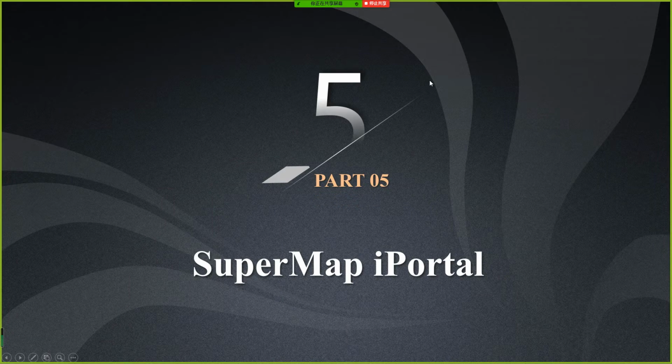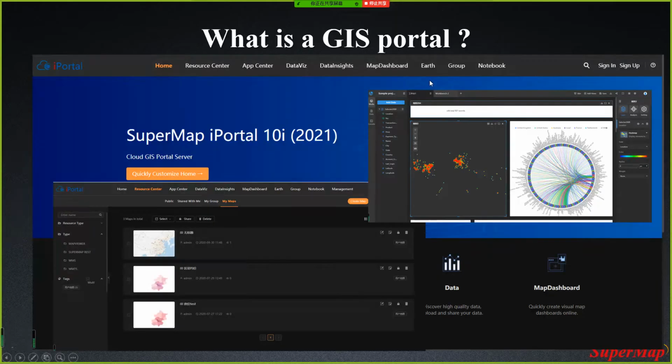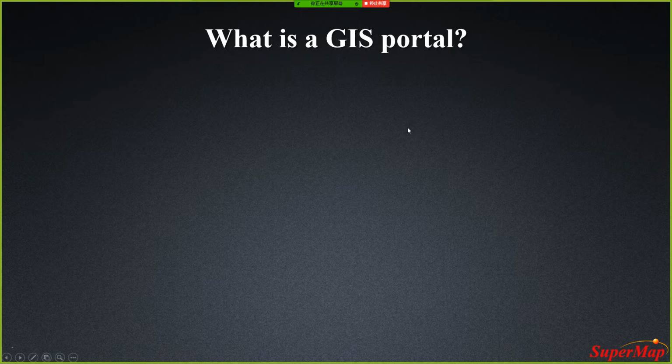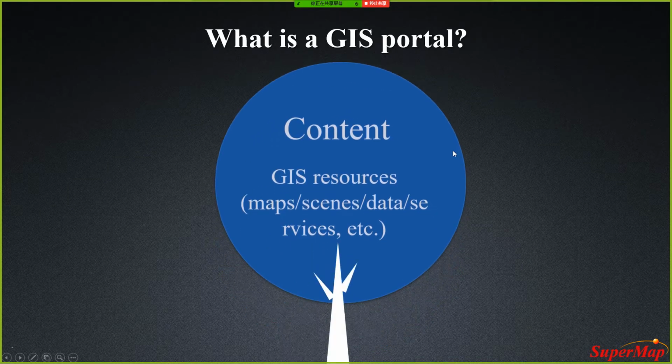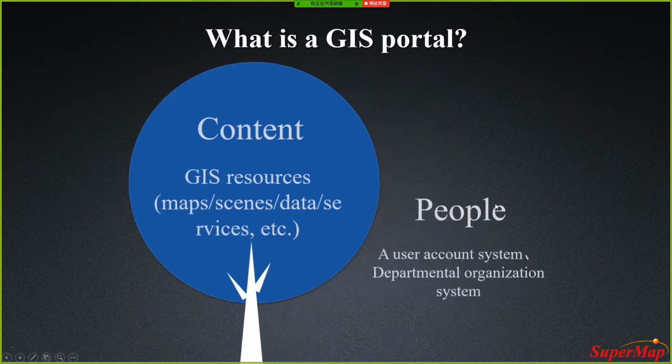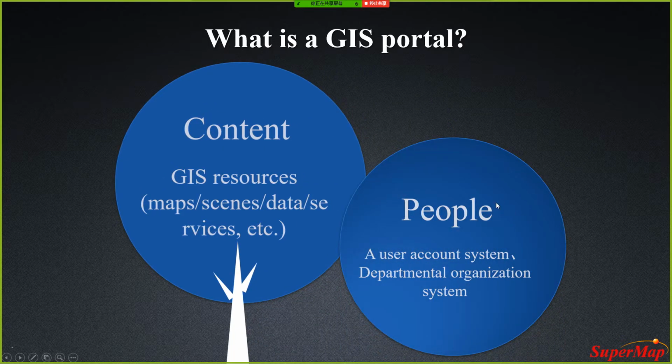Okay, and next I will introduce you the SuperMap iPortal. So, you might ask, what is the GIS portal? The essence of GIS portal is a website that gathers the content and people.